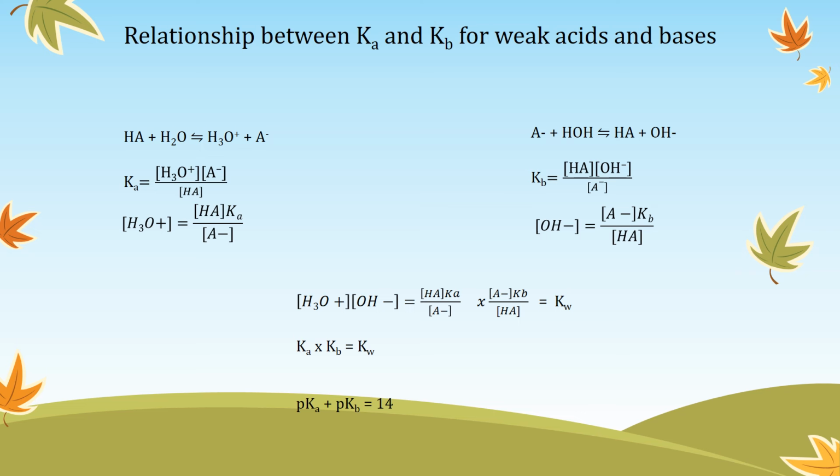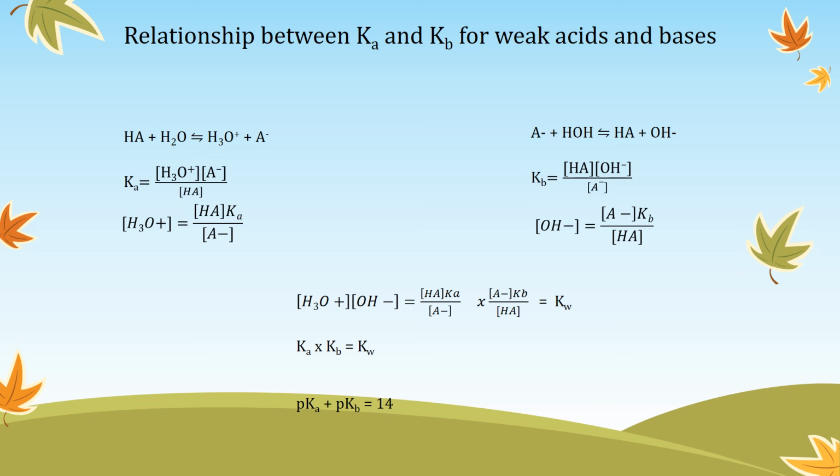So if you multiply this with this, you can see that Ka into Kb is equal to the specific constant of water. Or if you take log and derive it, like you saw in the last slide, if you take log Ka, log Kb, log Kw, and multiply by a minus sign, you will get pKa plus pKb is equal to 14.